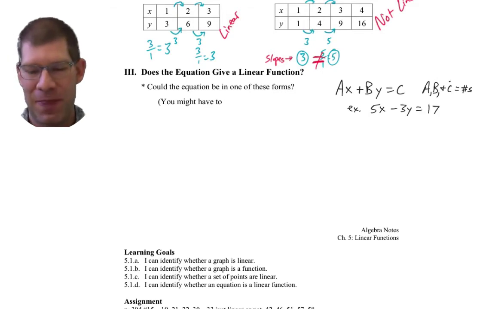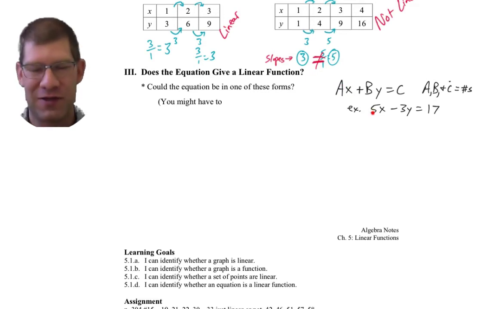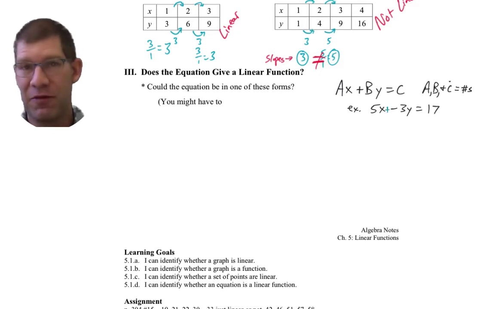We have a number in front of x, that's 5, my a value. B is the number in front of y, so this is negative 3 for b, because this is kind of like saying plus a negative 3y. So b is negative 3 and c is 17.